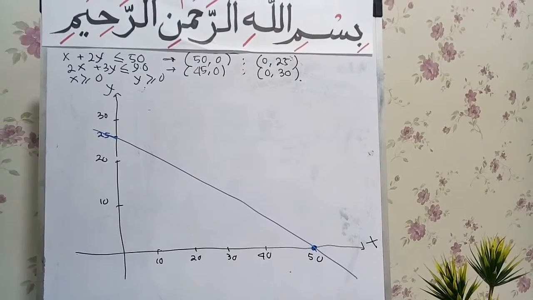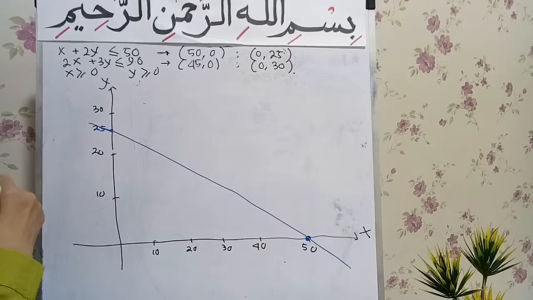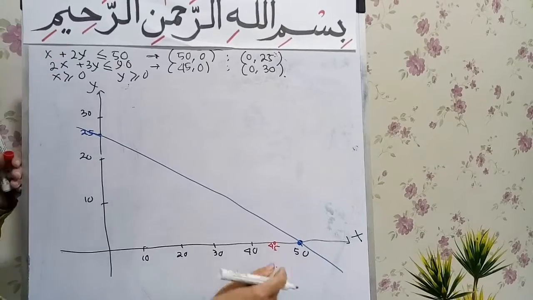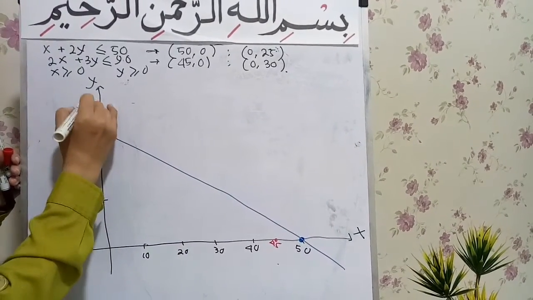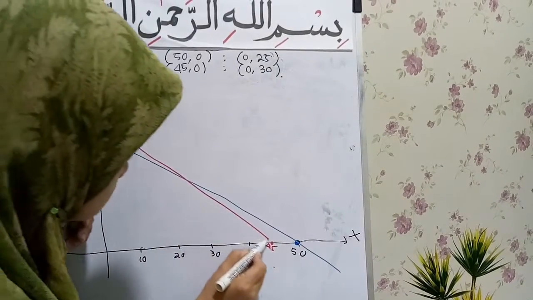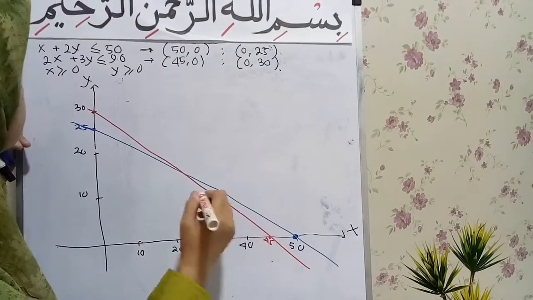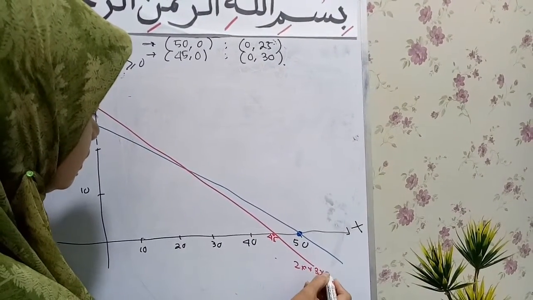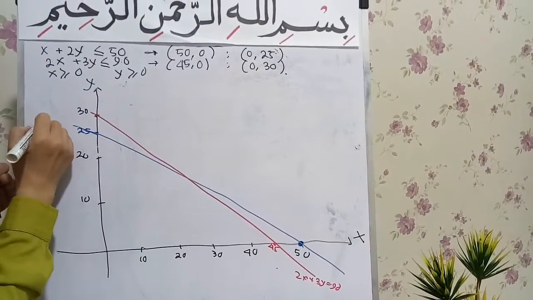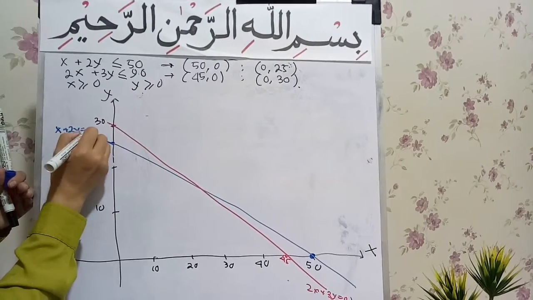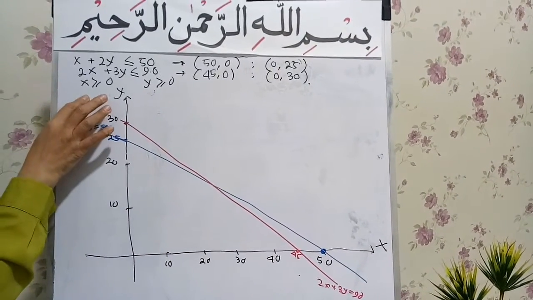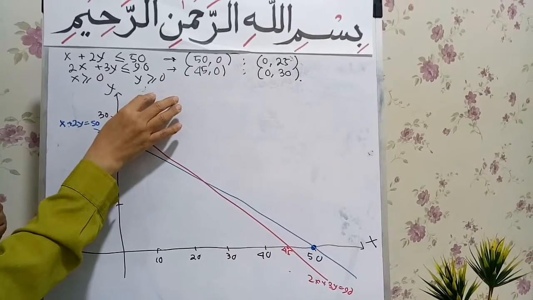The next one, (45, 0) and (0, 30). Here you go. This is 2x plus 3y equals 90, and this is x plus 2y equals 50. And then x greater or equal than 0, and y greater or equal than 0.